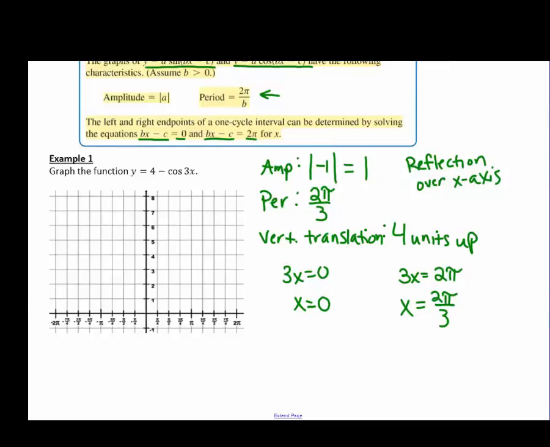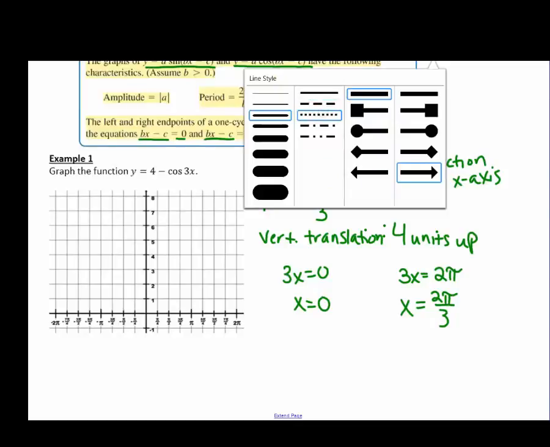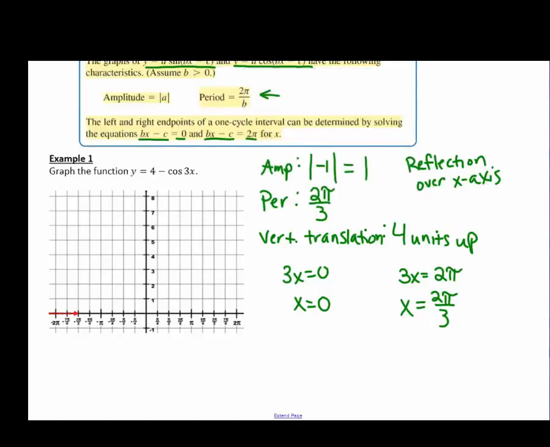And so we're just going to graph that x-axis. All right, we're going to graph the x-axis as our line of symmetry. And then we're going to shift that up 4 units. So our new line of symmetry is going to be up here at the line y equals 4.